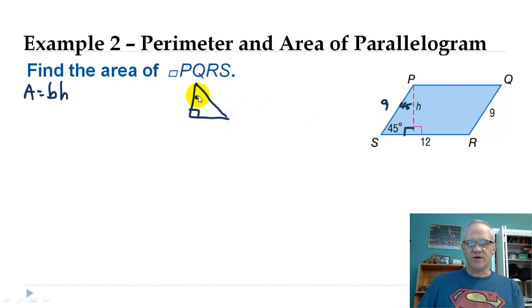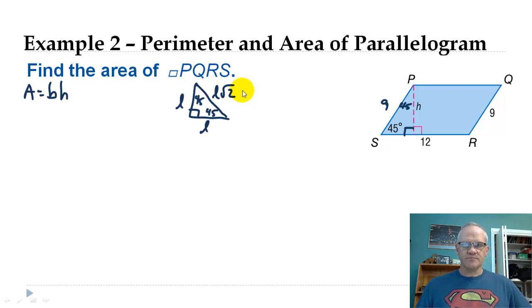The two legs are the same, L, L, and the hypotenuse was L square root of 2. So in this case, this is a leg and this is a leg. They're the same, even though it doesn't look like it. And then this is L square root of 2.